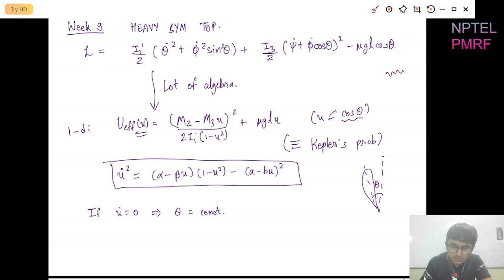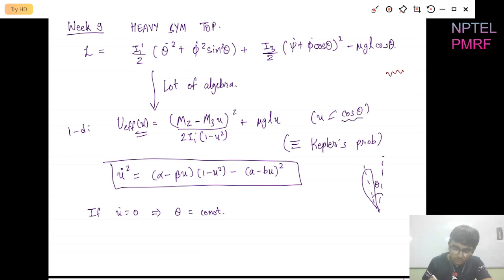So it means that we can write our evolution equation for theta, and that looks something like this: u dot square is some function of u, right? Where all these parameters are functions of m, m3, and I's. And remember, theta is the angle between the axis of your top and the vertical axis.